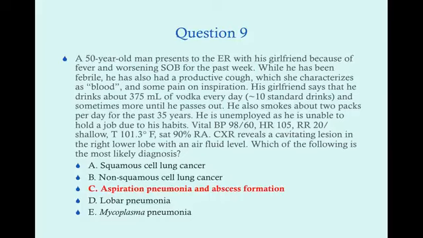And then mycoplasma pneumonia, this tends to be in younger patients. They have fewer symptoms. They call it the walking pneumonia because they are just much less sick. Maybe they've got a fever, maybe they're a little short of breath, but otherwise they appear pretty okay. And then you go and get a chest x-ray and you see these patchy infiltrates, kind of a peribronchial and perivascular pattern of where the infiltrates are.